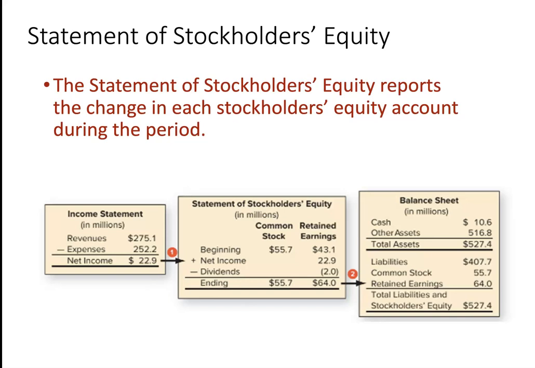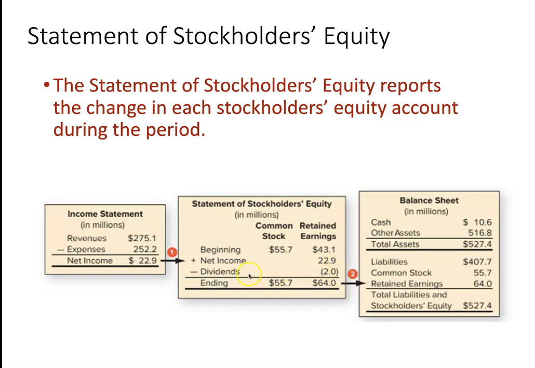So you can see the Statement of Stockholders' Equity reflects the changes in common stock and retained earnings. How do retained earnings change? Retained earnings change by the beginning retained earnings, which means all the retained earnings the company has up to the beginning of the year, plus the net income, which means the profit that the company made in the current year, subtracting the dividends.